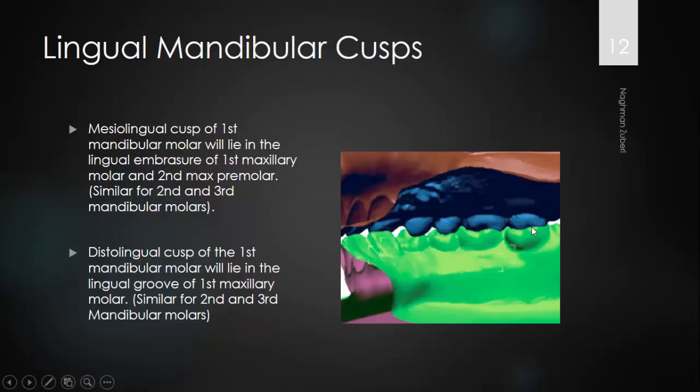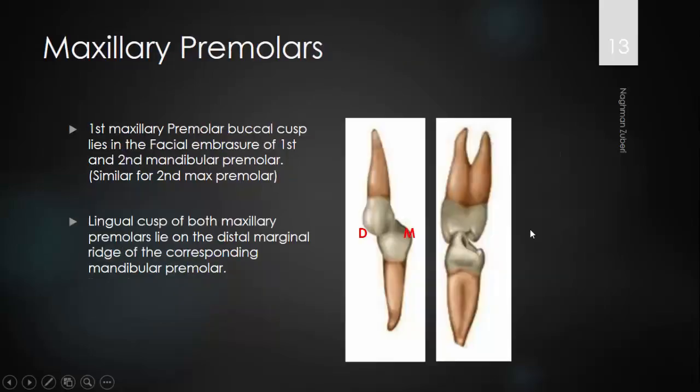Now, maxillary premolars. This is the mesial surface, this is the distal surface. First maxillary premolar buccal cusp lies in the facial embrasure of the first and second mandibular premolar. This is the first mandibular premolar, the second would be over here, and this is the maxillary first premolar.